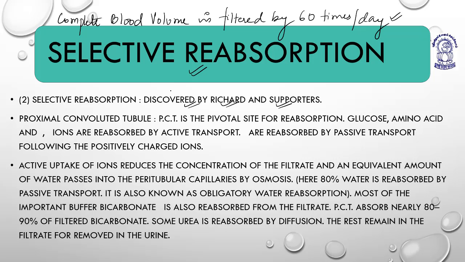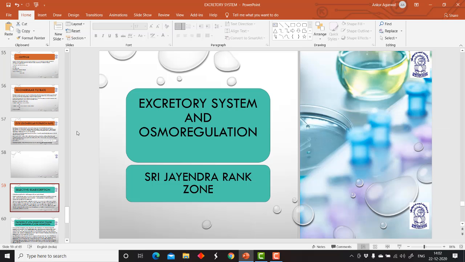So there are basically different categories for tubular absorption. The substances that are reabsorbed, some of them are high threshold substances, some of them are low threshold substances, and some of them are non-threshold substances. So I will be adding one slide so that I could add this information.